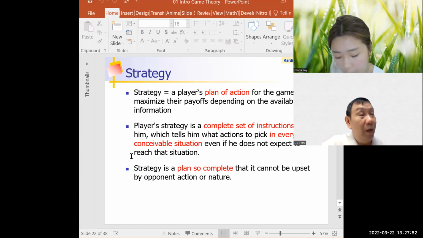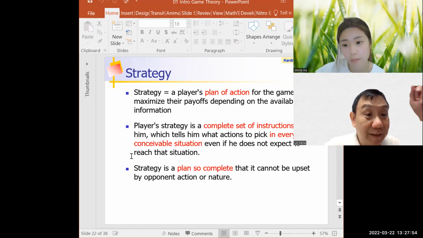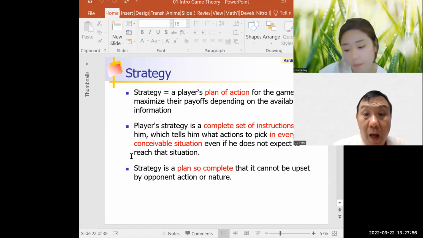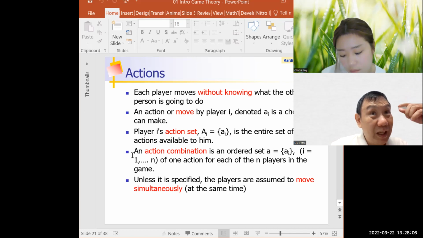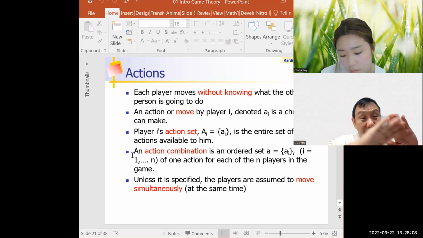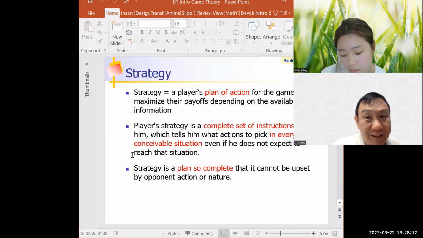What's the difference between action and strategy? If you have only one game, you have several actions like alternatives. But if you have many sequential games, then you start to create what is called strategy.